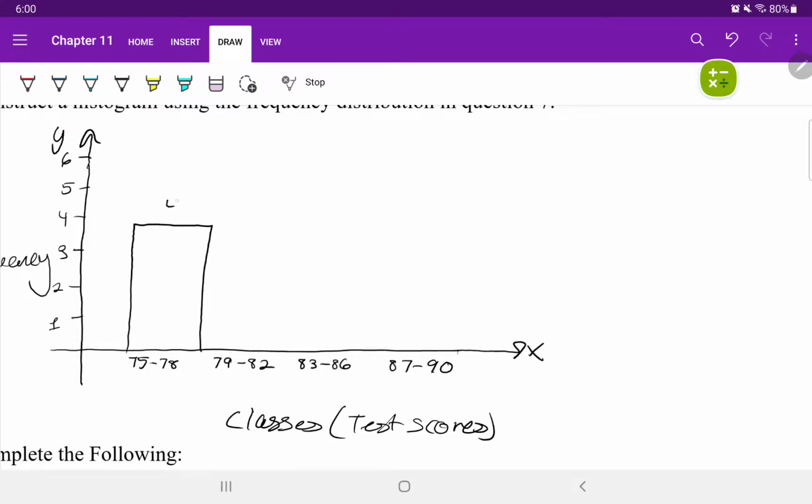Put a 4 right there. The next class, 79 to 82, also has a height of 4, so that doesn't change. 83 to 86 had a frequency of 5, so that's gone up to 5.